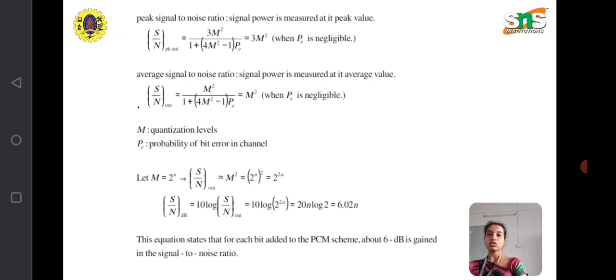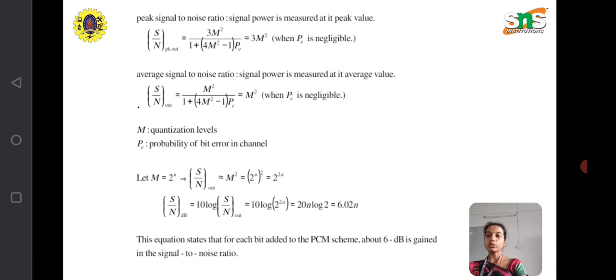Average signal to noise ratio is measured by S by N of out is equal to M square divided by 1 plus 4 M square minus 1 into PE, which is equal to M square, where PE is negligible here. M is the quantization level and PE is the probability of bit error in the channel.